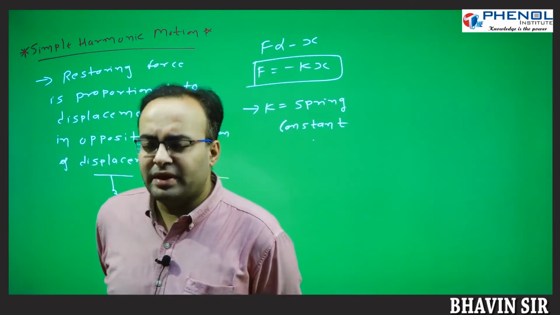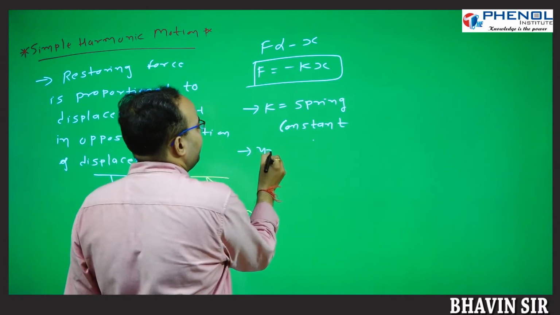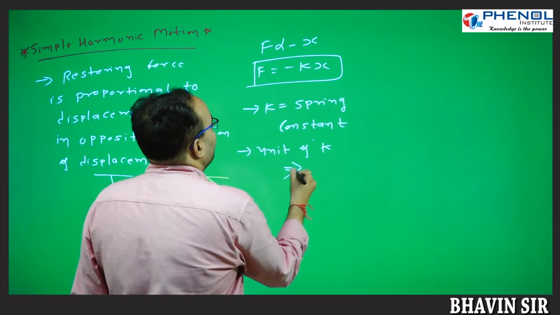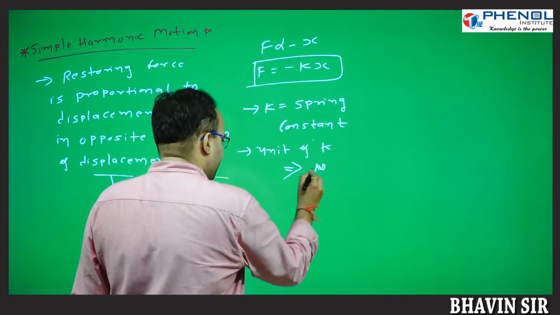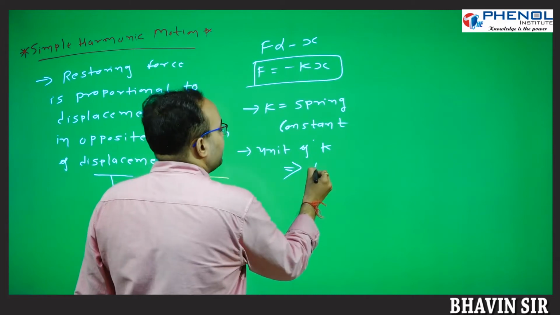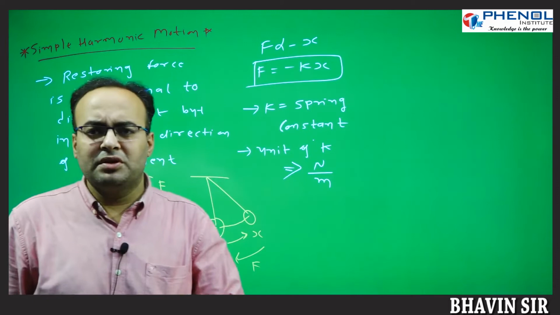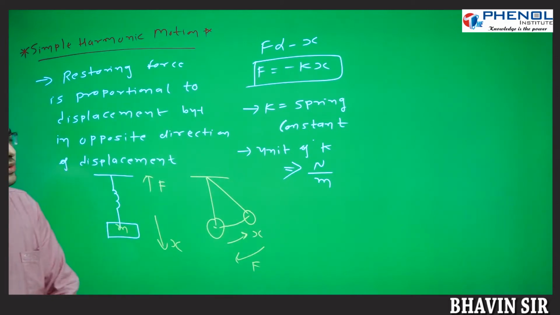What is the unit of k? Unit of k is Newton per meter. Why? Because k is equal to F by x. So what is its unit? Newton per meter.